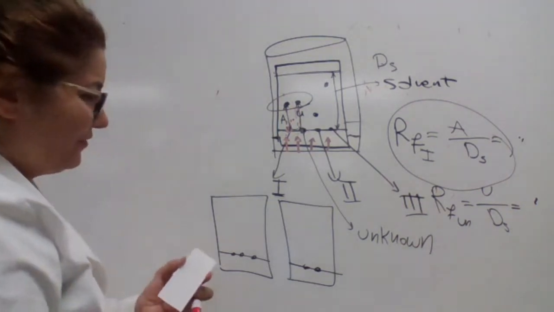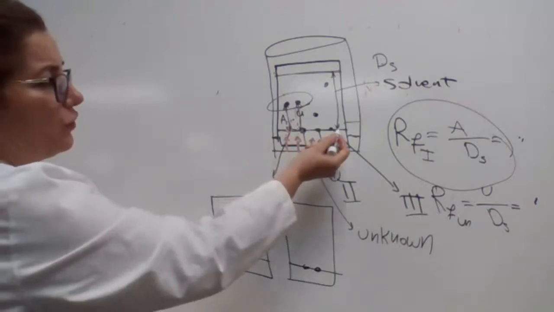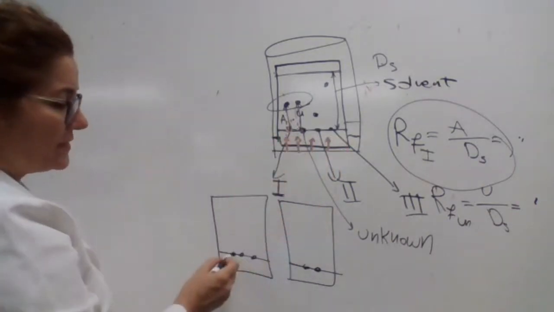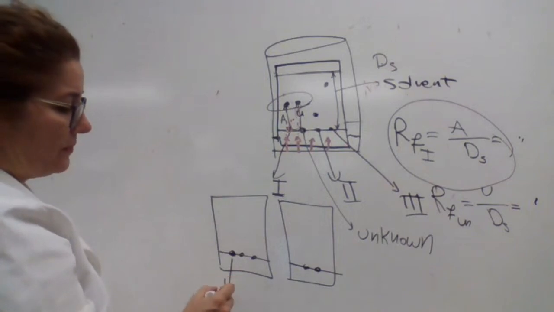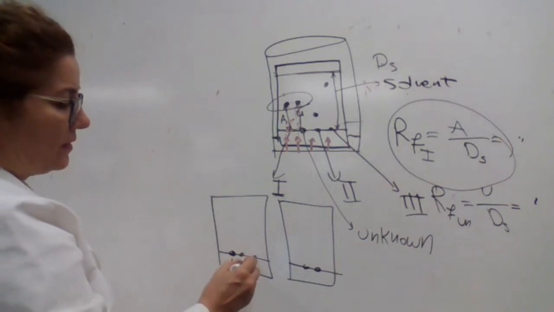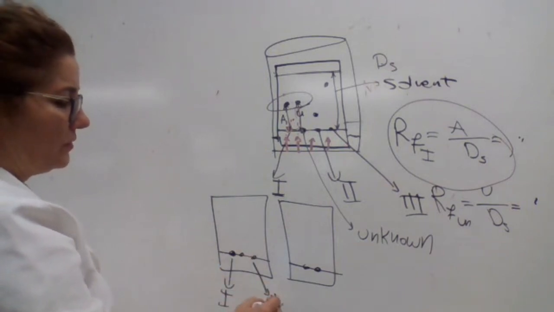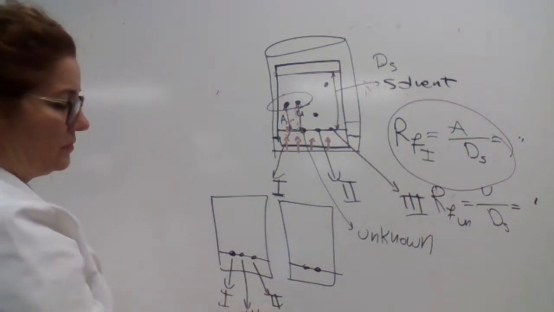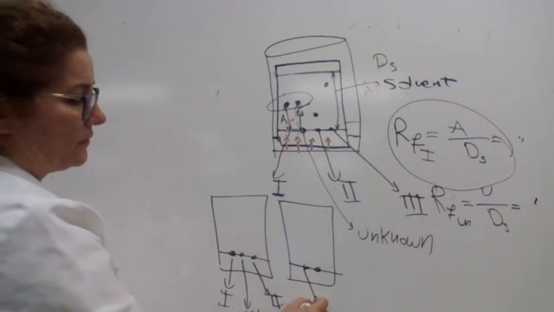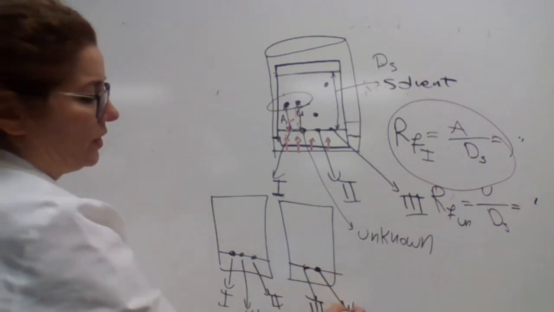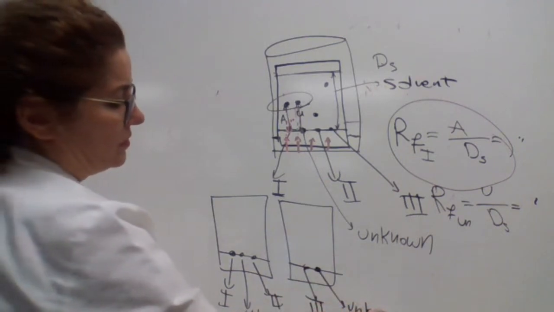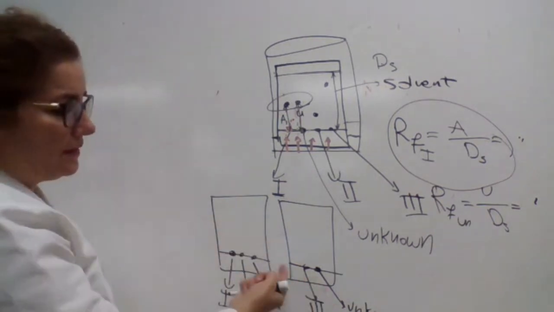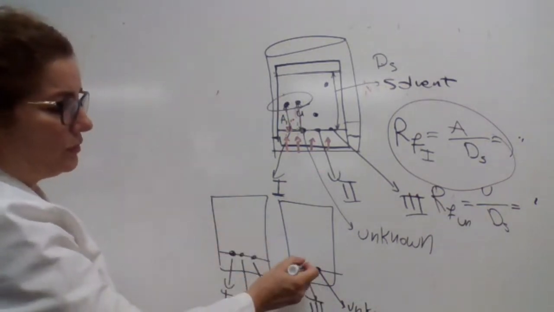Now, if you cannot fit all four of them on one plate, you could separate them. It would be your compound 1, compound 2, and your unknown, and then compound 3 with your unknown. Your unknown must be on the same plate as your known compound.